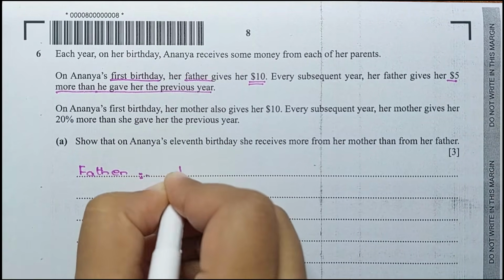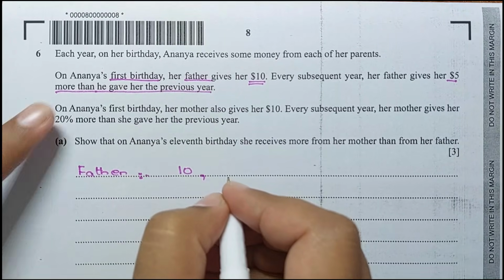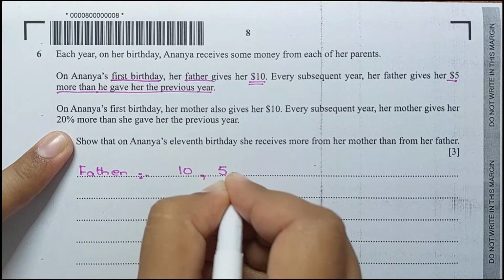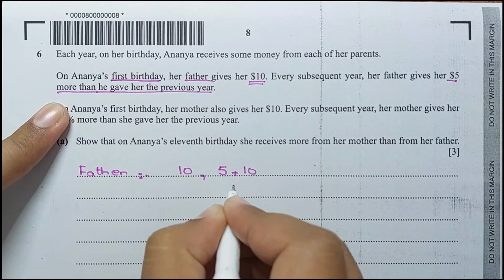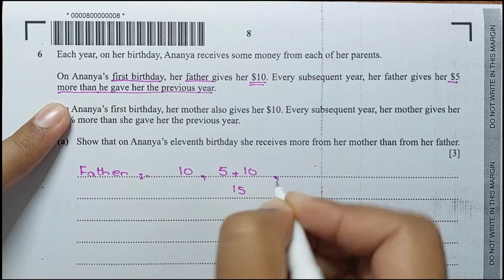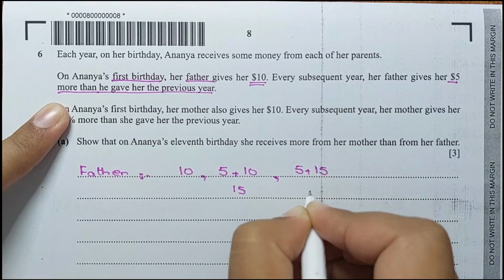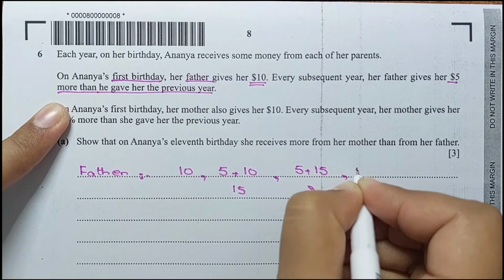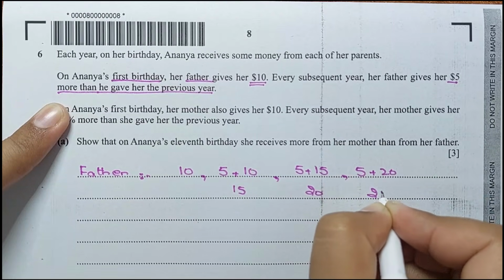On first birthday, he gave her $10. On second birthday, he gave 5 more than previous year, so that is 15. And again 5 more, that is 20. Again, that is 25.